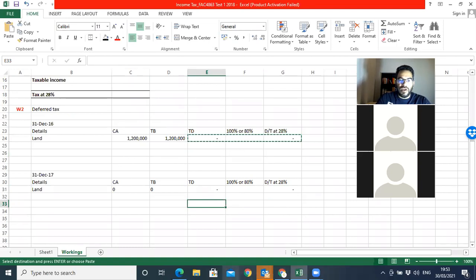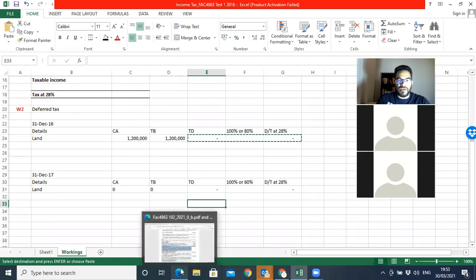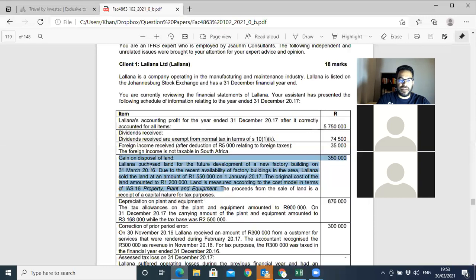That covers both 2016 and 2017 for this line item. They purchased land on 31 March 2016. At 31 December 2016, they still had the land at cost price. Then in the 2017 financial year, they sold it on 1 January 2017. So at 31 December 2017, there's no more land, so there must be 0.